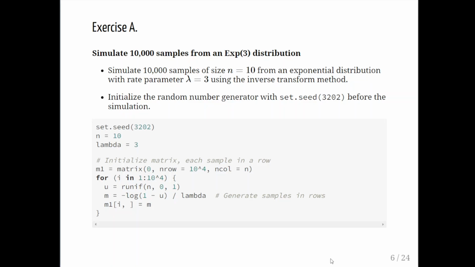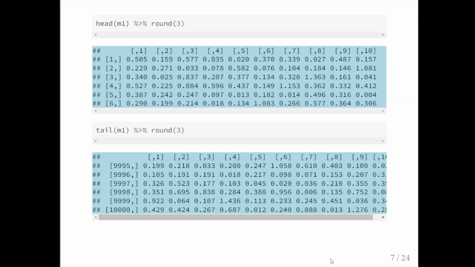We are going to place those 10 numbers into each row successively of our matrix. So M1 row i, that's the row index, is m. So it's just going to fill up row i with that sample, okay? And it just runs through that for 10,000 steps. So this is what it should look like. Okay, so that's the first 6 rows and the last 6 rows.